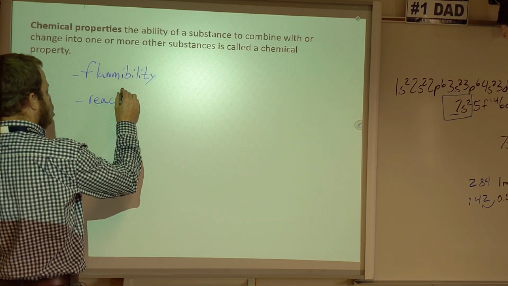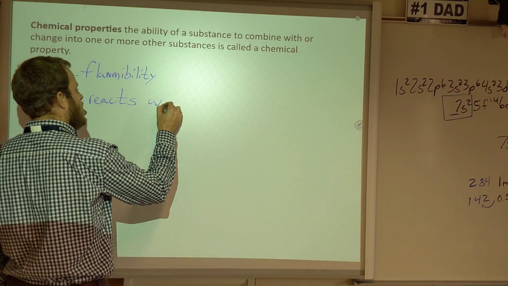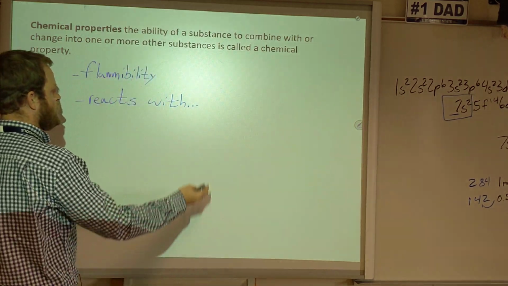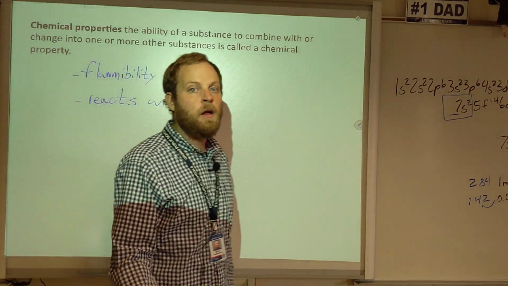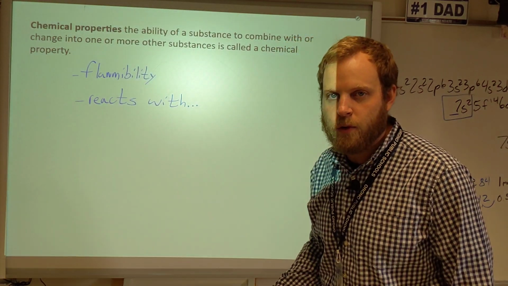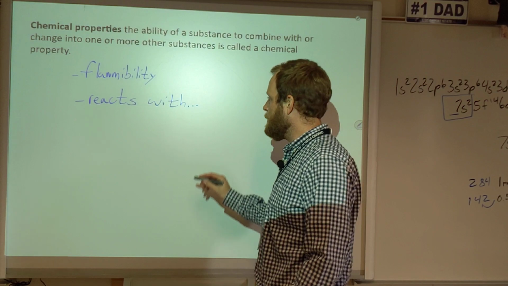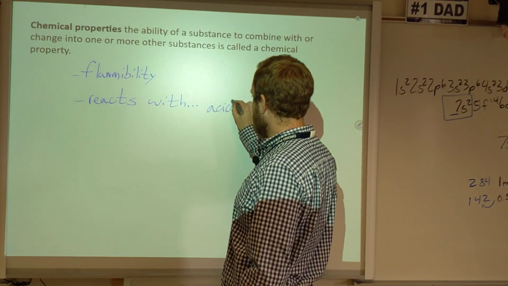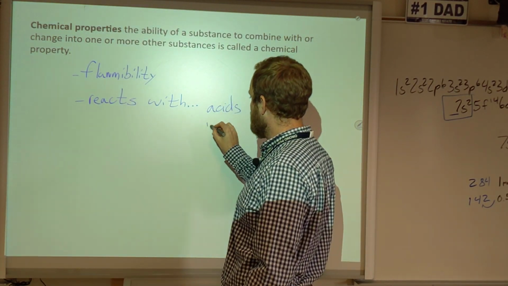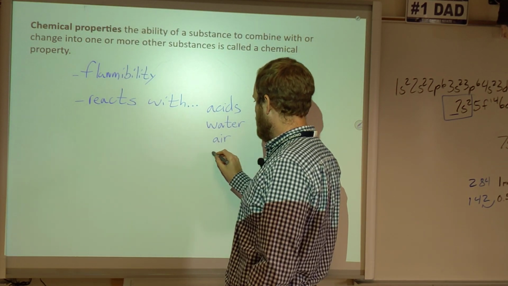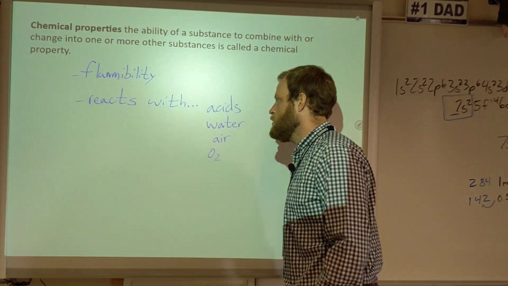The other thing is whenever it says reacts with. So there's a million different chemicals, so you could list a million different things here. But in order to determine if it reacts with something, we need to react it with that thing, and then we'll make a new, different chemical. Common ones that you'll see are acids, water, air, and oxygen, O2.